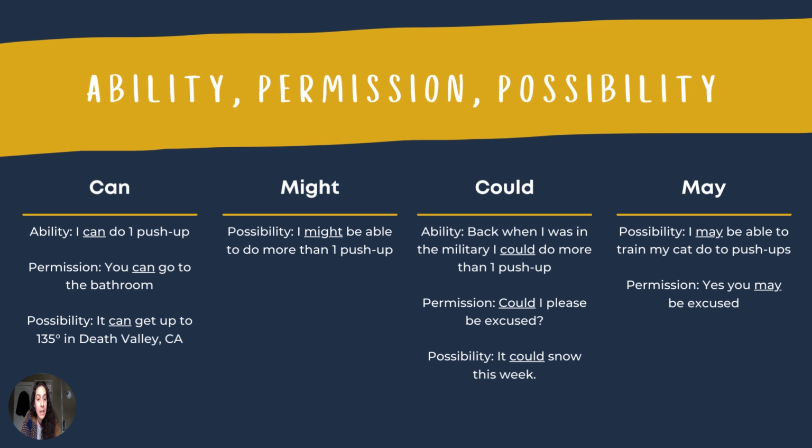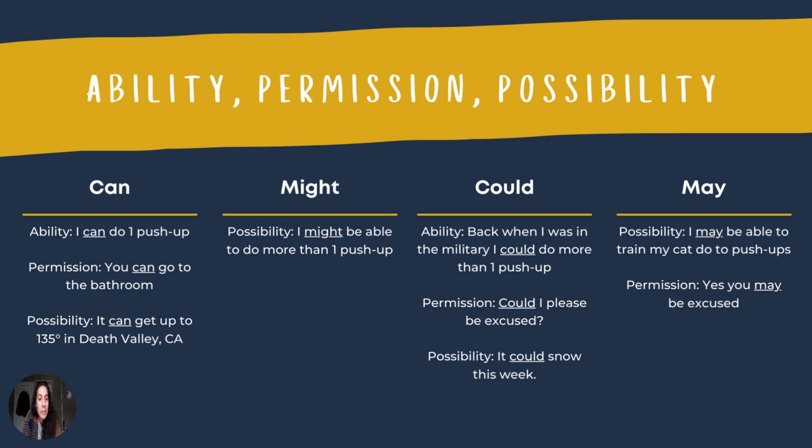Typically when we were all little kids and we were in school, we had to ask our teacher, can I go to the bathroom? And they would say, yes, you can go to the bathroom. So with permission, we are asking someone who has more power over us if we are able to do something.